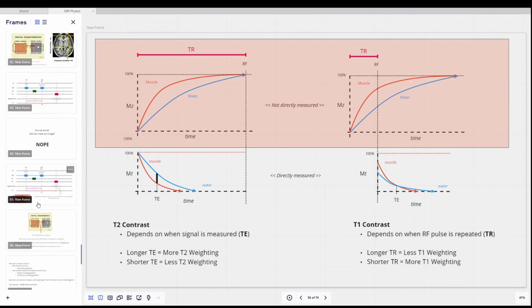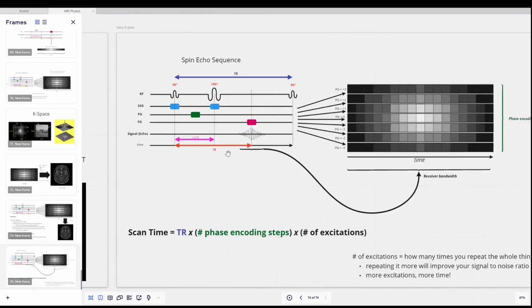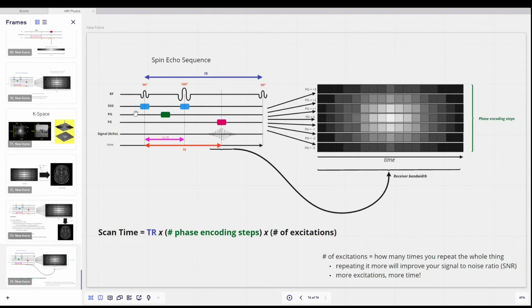And why do we apply it again? Well, we need to run the whole sequence again enough times to fill all these lines in K-space to give our computer enough information so that it can run the Fourier transform, decode all of this, and make an image that makes sense. So that's TR, time to repetition.